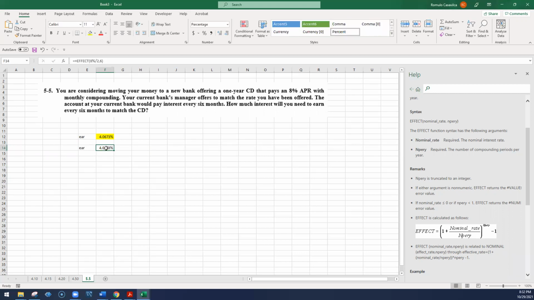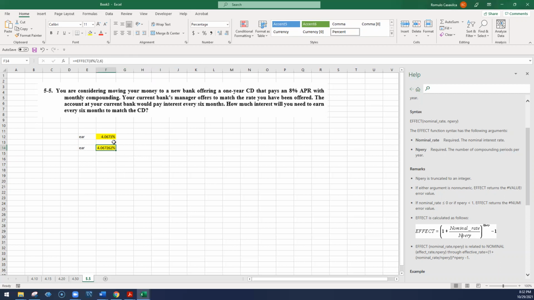Oh, wait, you get it. So 6 periods, just 6. So every 6 months, divide by 2 for the interest rate, right? It's on monthly, and then you earn it every 6 months.